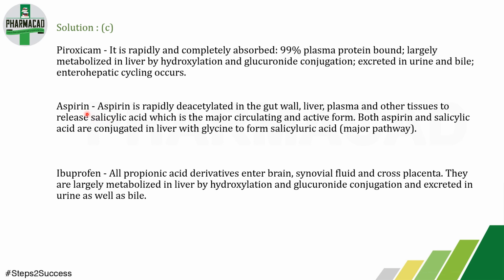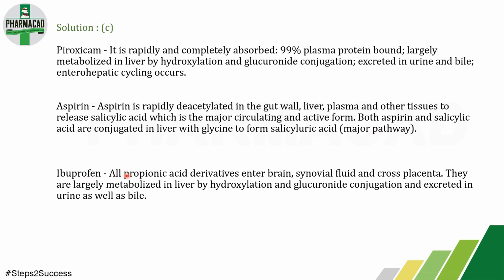However, aspirin is rapidly deacetylated in the gut wall, liver, plasma, and other tissues. So aspirin is a prodrug and it gets converted to salicylic acid, which is the major circulating and active form of aspirin. Both are conjugated in liver with glycine, which is the major metabolic pathway for aspirin.